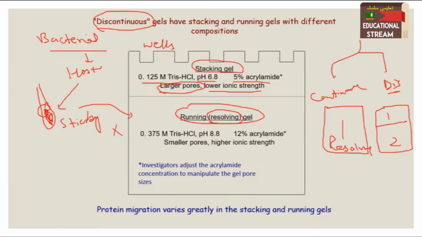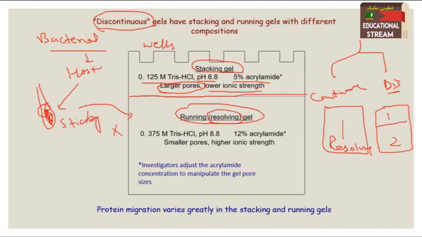It will not show any uniformity. Some samples will move earlier in comparison to the others. So for the samples to get stacked, to get in one line, which is the line of differentiation between the stacking gel and resolving gel, we prepare a lower percentage of gel having large pores so samples can pass through it and they will stay over here.